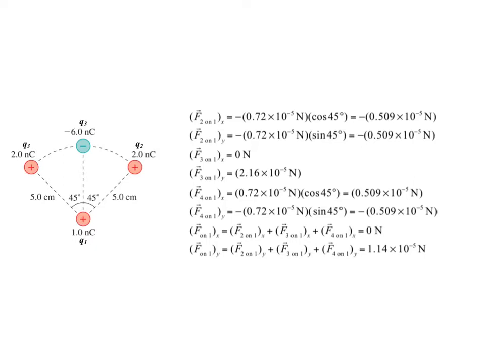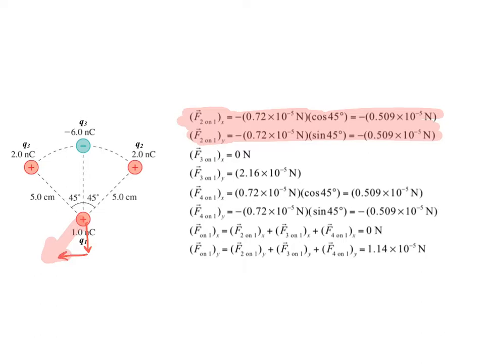All right, so I'm going to get the old highlighter going here. So let's deal with force 2 on 1, both x and y parts. I'm going to do the y one first. It's doing something like this, which consists of a y part and an x part.